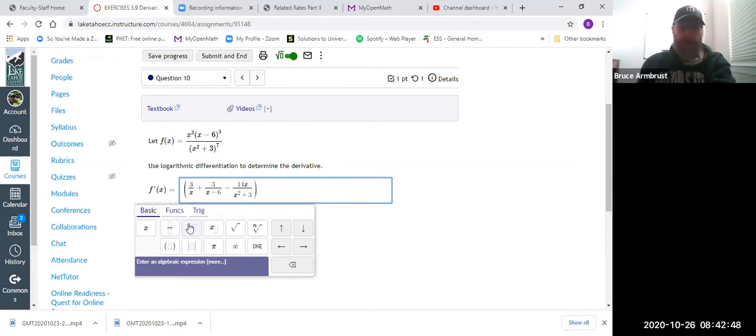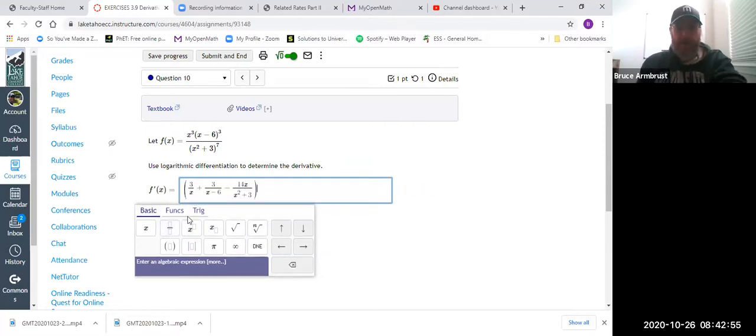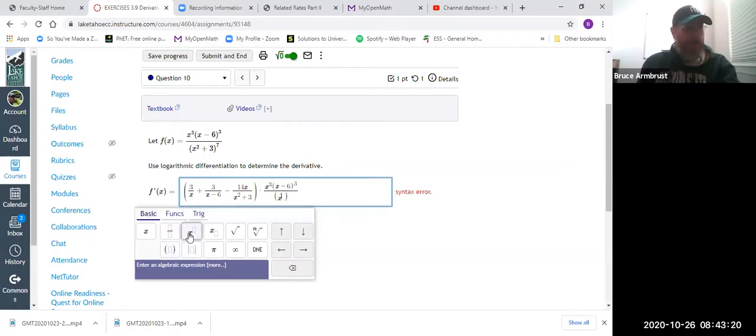Okay, and then that was all times another fraction. So we've got x cubed times x minus 6 cubed divided by x squared plus 3.